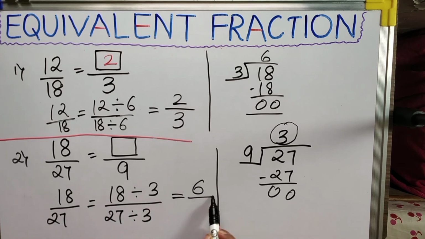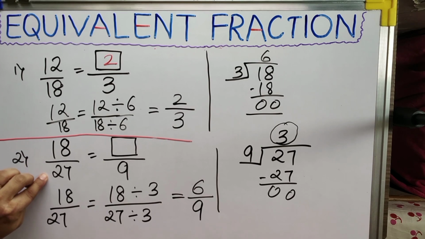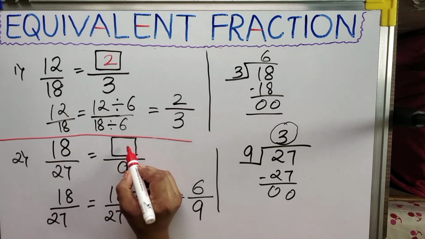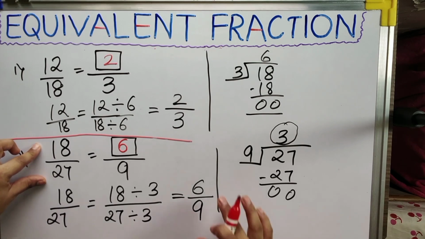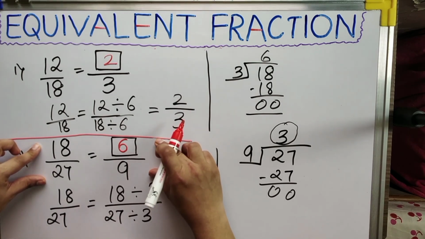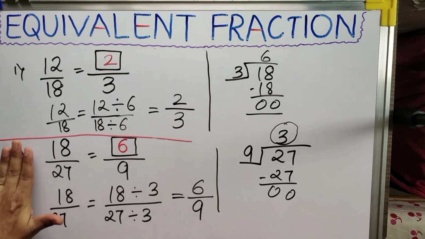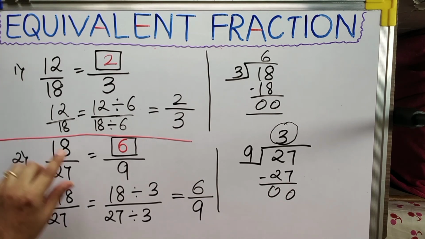And dividing 27 by 3, we get 9. So 18 upon 27 will be equivalent to 6 upon 9. So we made the fractions equivalent. So very clear with how to make a given fraction equivalent by division method.